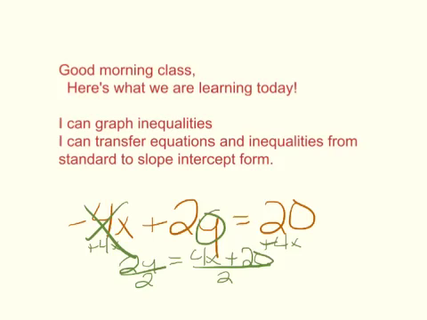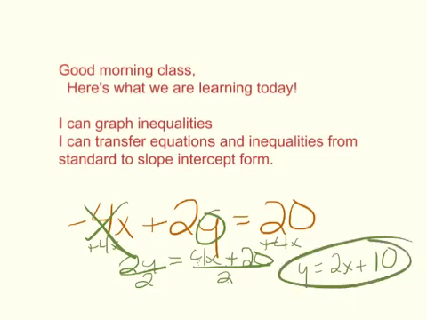So we're left with, and here's your answer, y equals 2x plus 10. That's because 4x, or 4 divided by 2, is 2, plus 20 divided by 2 is 10. That's what we end up with from negative 4x plus 2y equals 20 down into our slope-intercept form, y equals 2x plus 10.